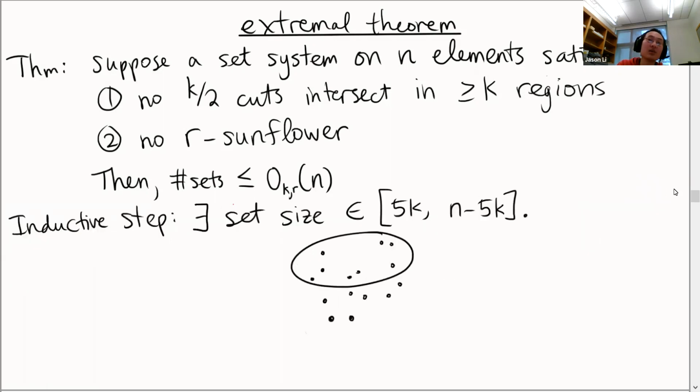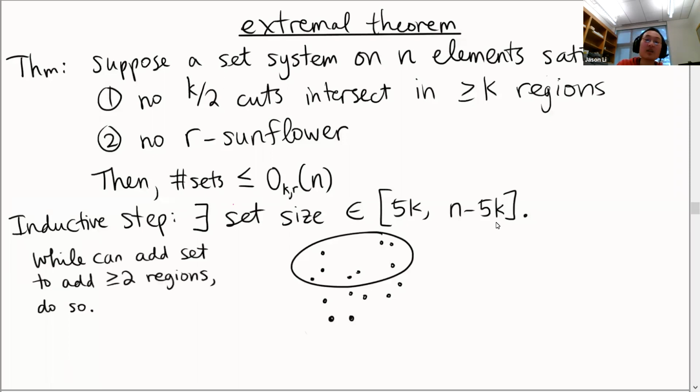So for the remaining case, what if there is a set in the system with size between 5k and n minus 5k? Here, fix one such set, and now consider the following greedy procedure. While we can add a set that introduces 2 more regions to the Venn diagram, do so.